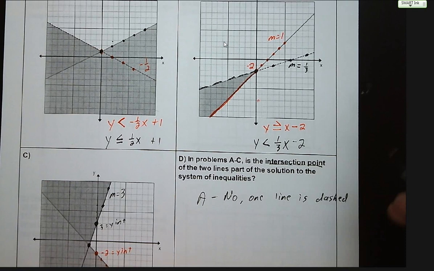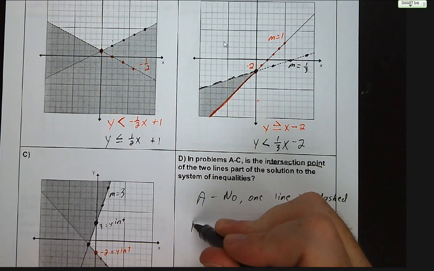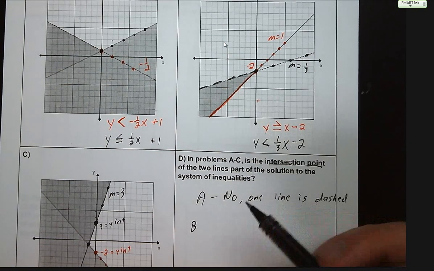So remember, just like the closed dot meant it was part of the solutions for just a one variable, a solid line means it is part of the solution for a multivariable. Dashed line means it is not. So one line is dashed. How about in letter B? We have one line is solid, one line is dashed.